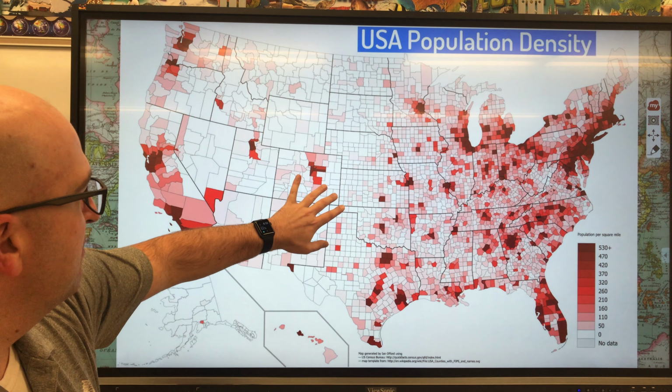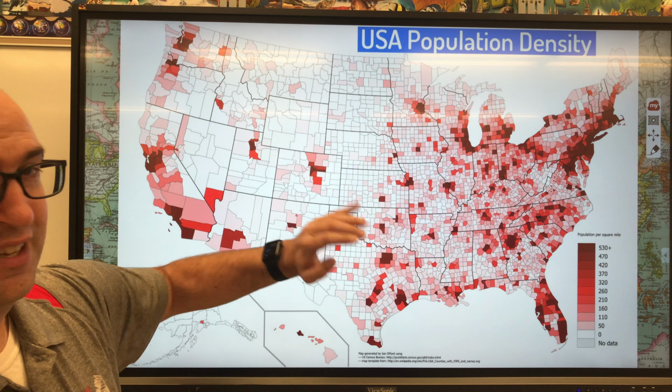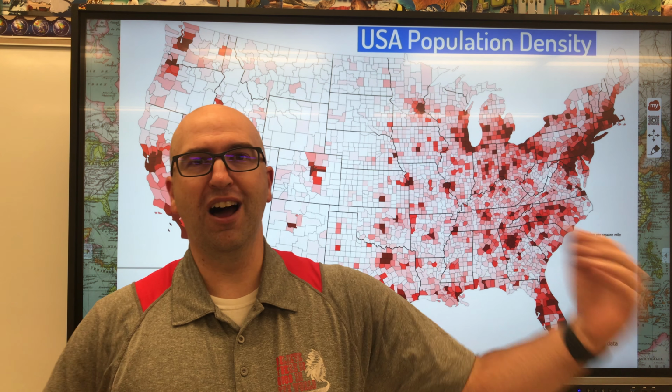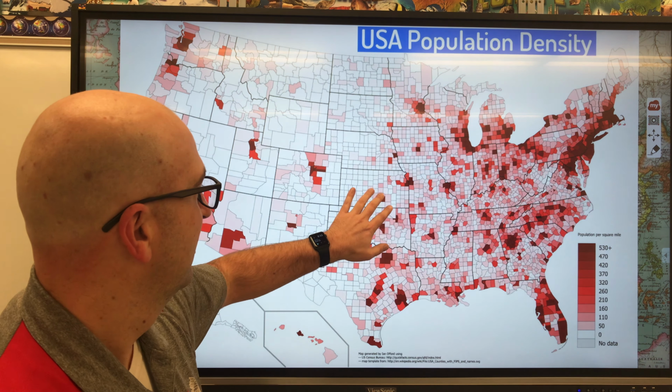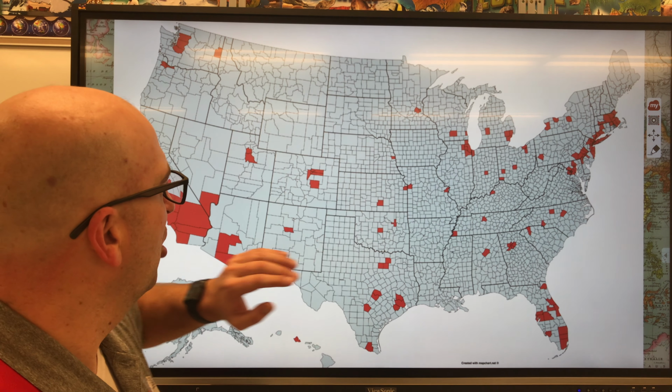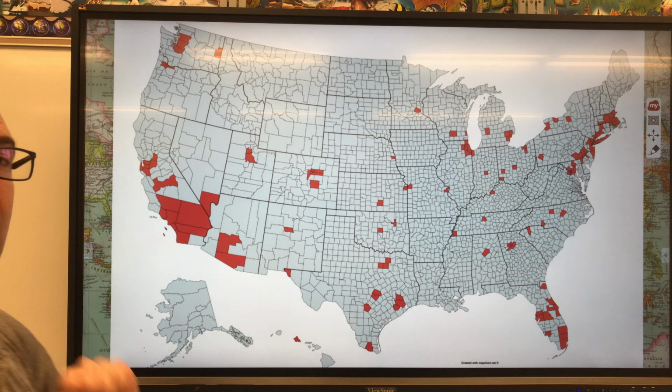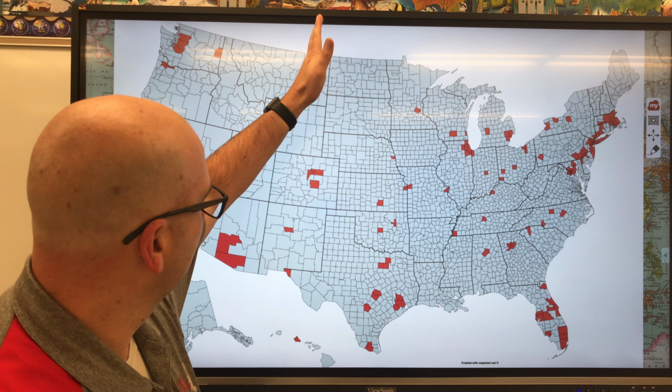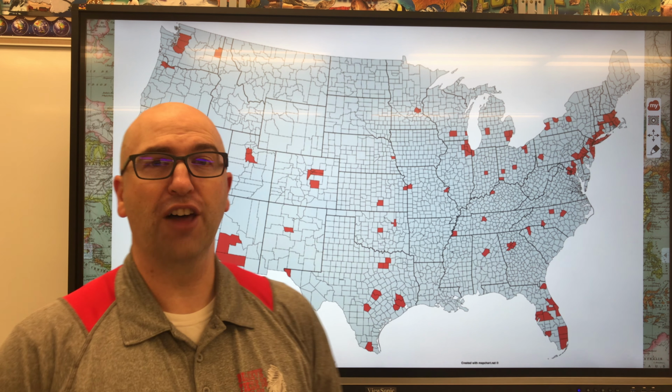So my next map I find interesting. The next map breaks the United States down into where half of the population lives versus where the other half of the population lives. The red areas account for half of the United States' population, and the gray, blue areas account for the other half.